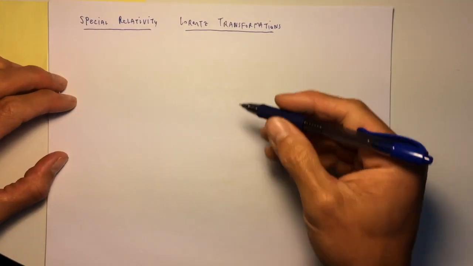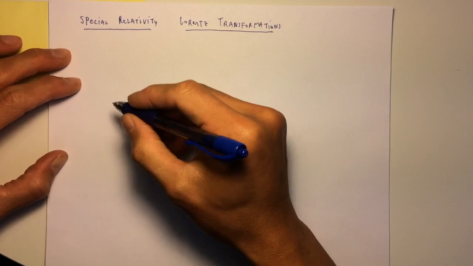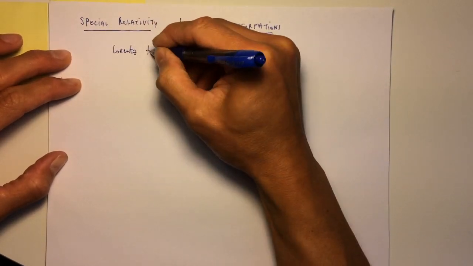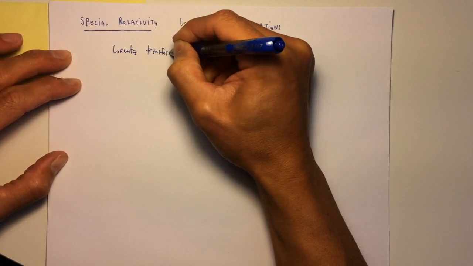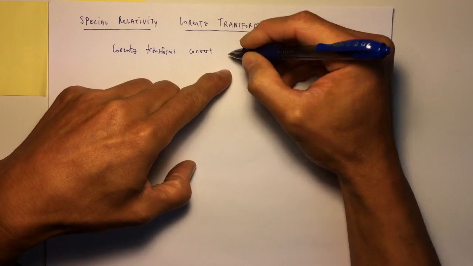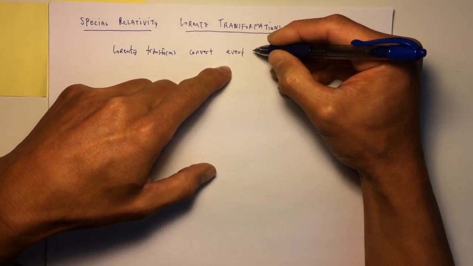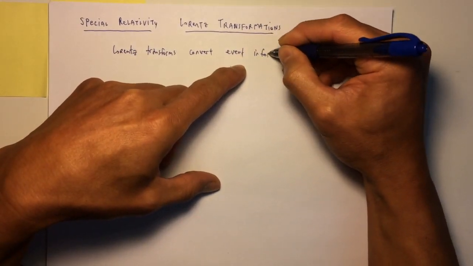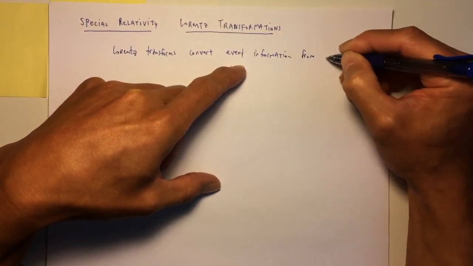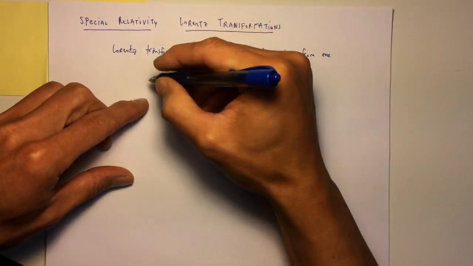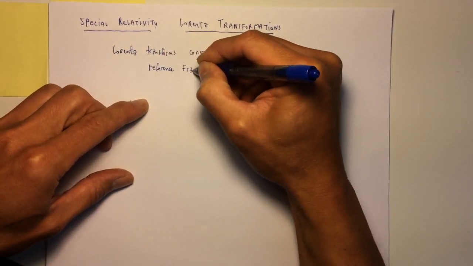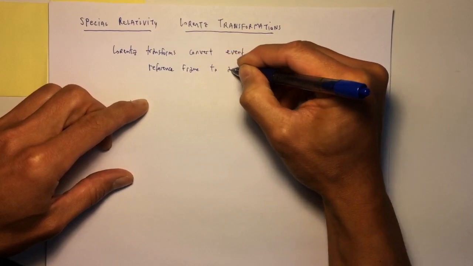Lorentz transformations, what they do is, Lorentz transforms convert event information from one reference frame to another.